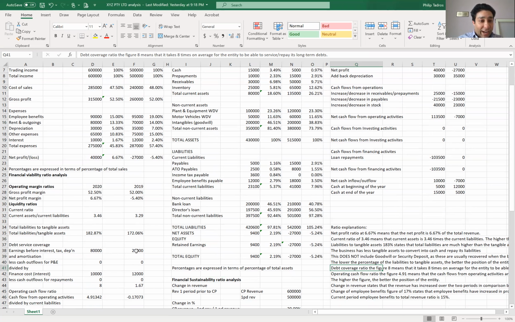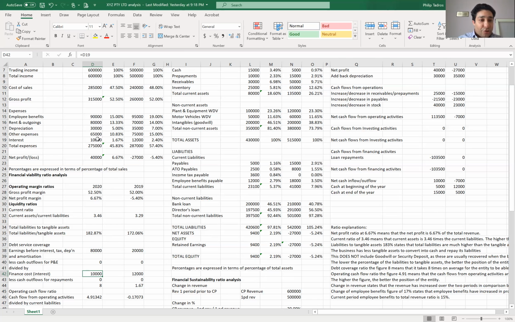Now, if you add the interest and the depreciation onto the earnings, let's say in 2019, you'll see that the business has in fact made a profit. Whereas in 2020, you would see that it's doubled its profit if you take interest and depreciation out of the equation.